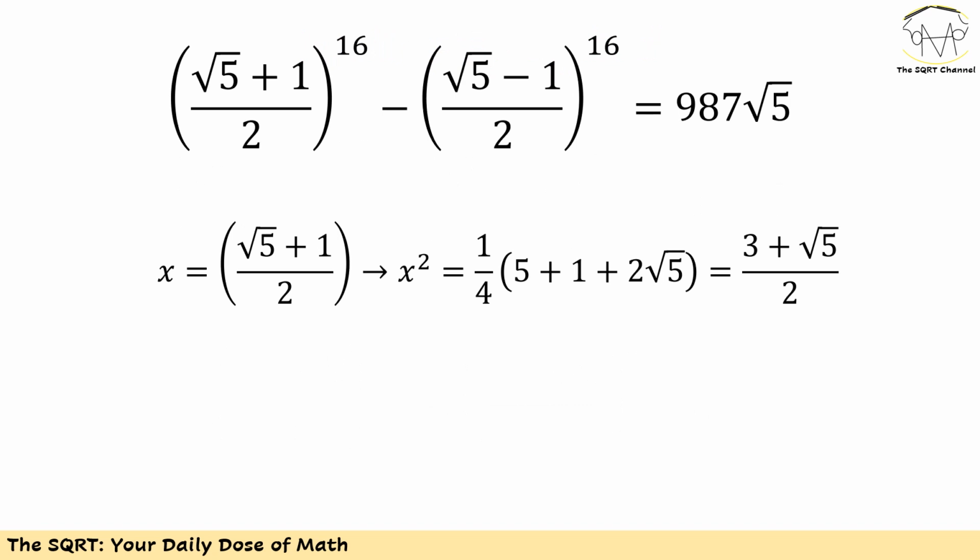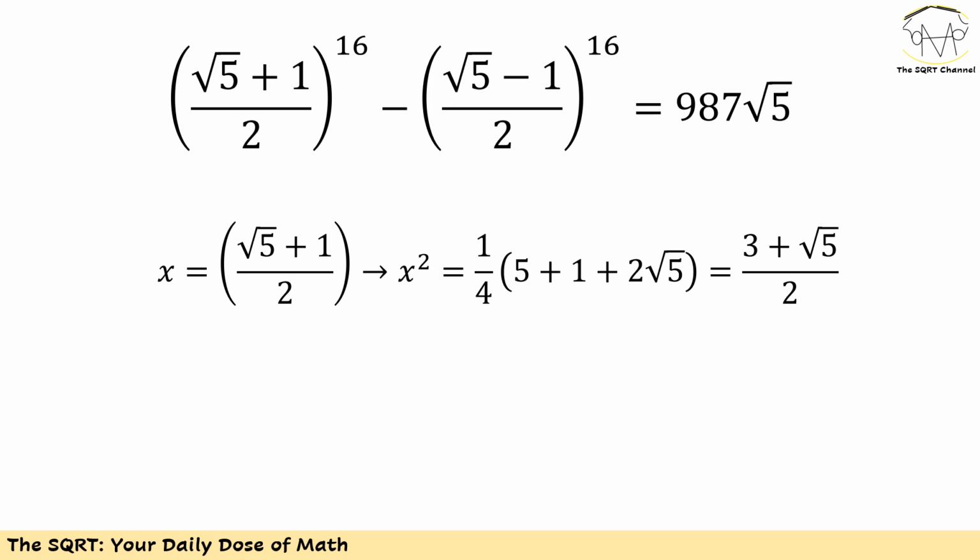To solve this problem, I'm going to start with using x for radical 5 plus 1 over 2. If we have defined x as what you see here, then x squared is going to be 1 over 4 times 5 plus 1 plus 2 times radical 5. If we simplify, we are going to end up with 3 plus radical 5 over 2.